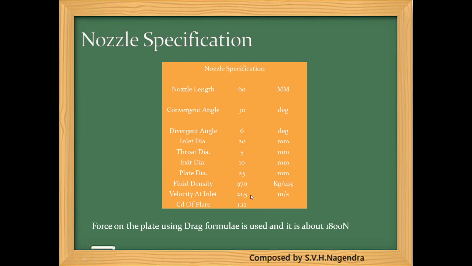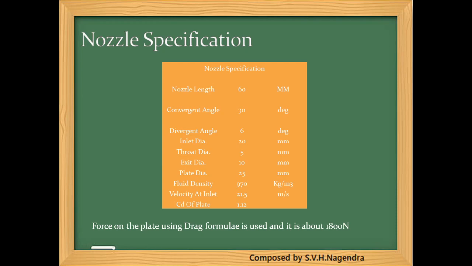As you know, if you are talking about the force, you have to calculate the drag force acting on the body, and that drag force depends upon the coefficient of drag. For a circular plate, the general drag coefficient is 1.12, so I have taken that.